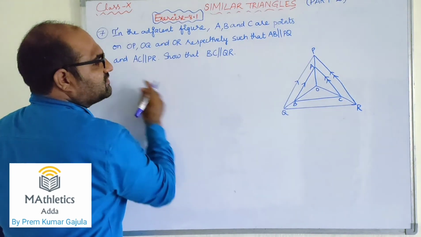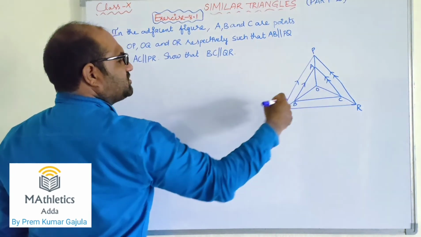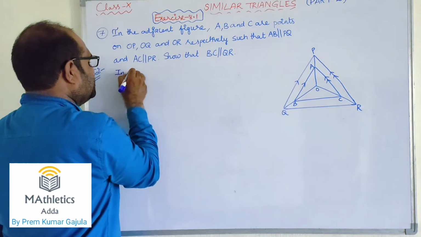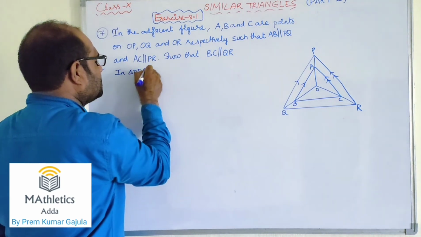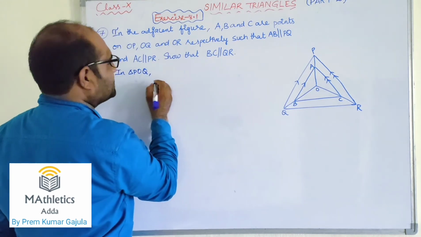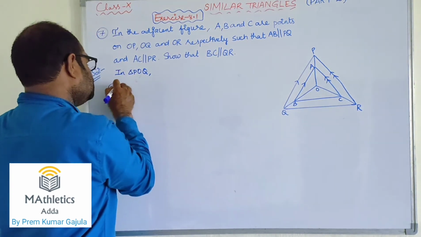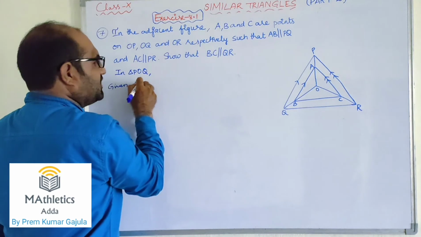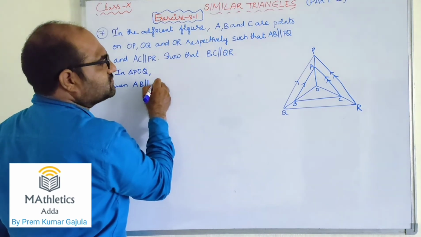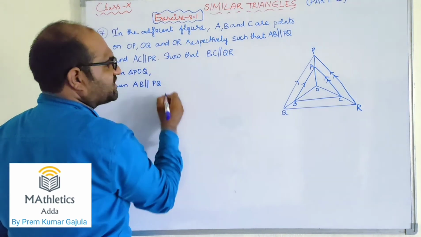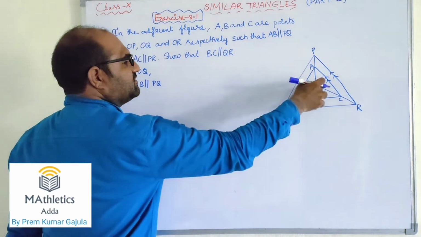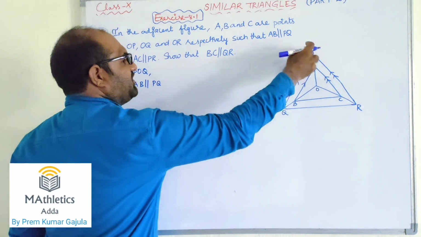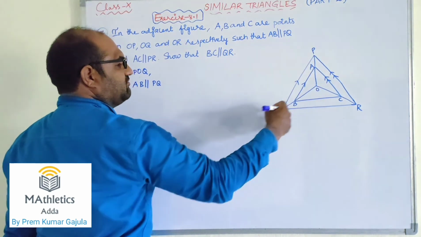So first of all, let us consider triangle POQ. What is given? Given that AB is parallel to PQ in this triangle. So if this is parallel to this, then we can write that AO by AP is equal to OB by BQ.